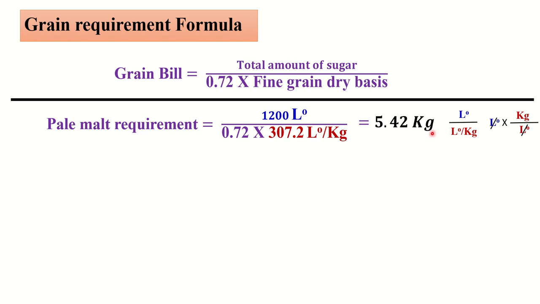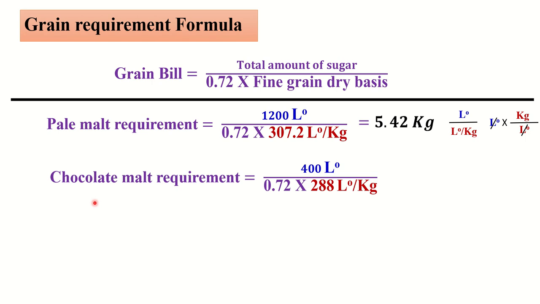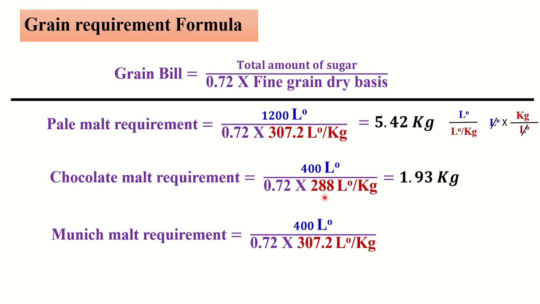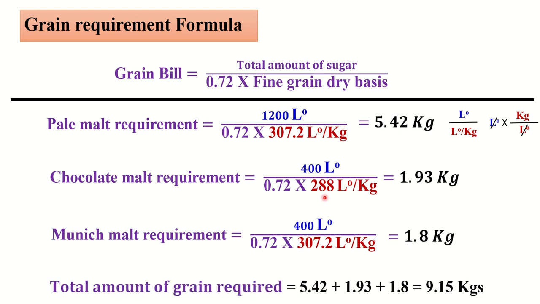We can move again with the rest of the two malts also, that is choco malt. We can see 400 liter degree, because the contribution is very less, and then 0.72 brew house efficiency, and a fine grain dry basis of 288 liter degree per kg. This yields 1.93 kg. And for the Munich malt, it is once again 1.8 kg.